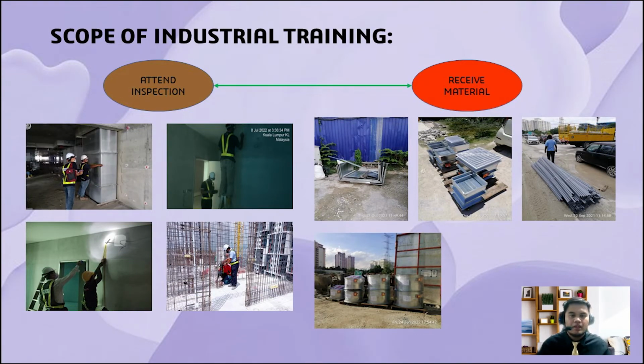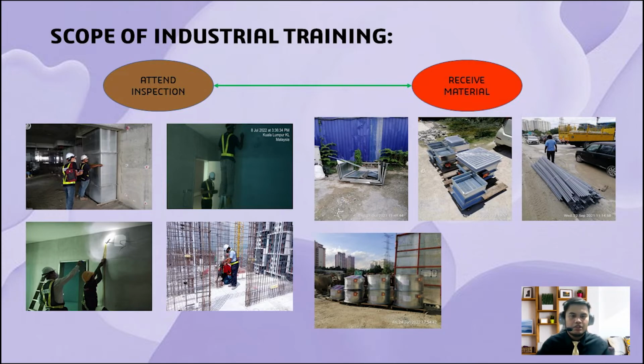Next, attend inspection. Attendance during the inspection is compulsory. The inspection time will be determined by the main contractor after discussion with the client. The inspection session is with the client, Skyworld.